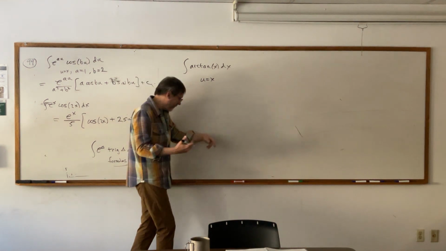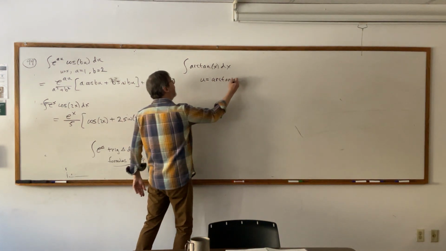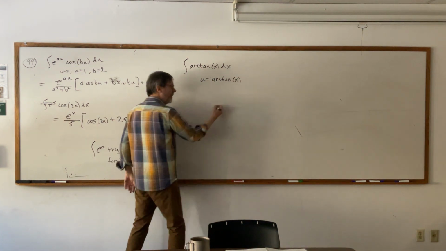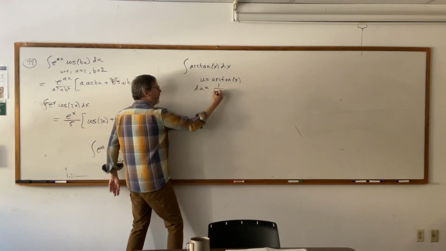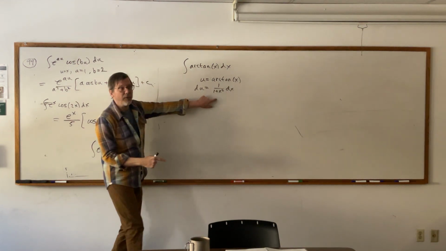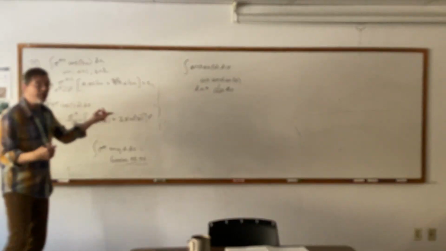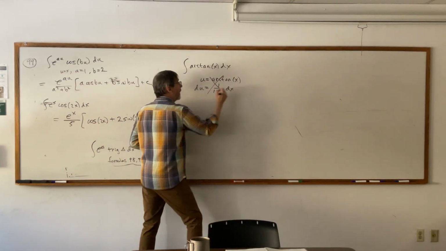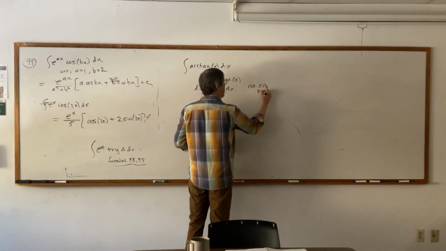It doesn't accomplish anything. The only other substitution I could do would be this, and then du would be 1 over 1 plus x squared dx, and I'm not seeing this stuff in there. You need to have all the variables appearing in there. So this tells me that substitution is not going to work. No substitution possible.